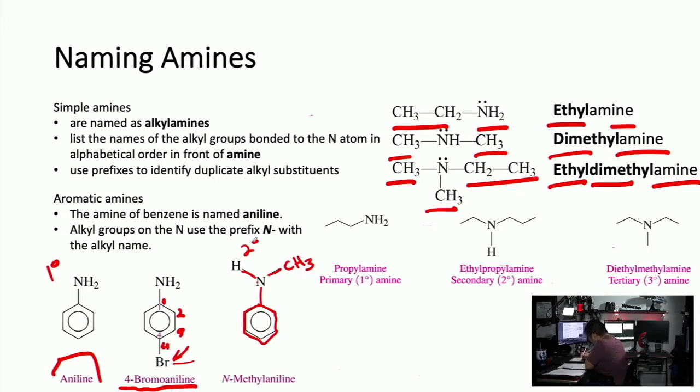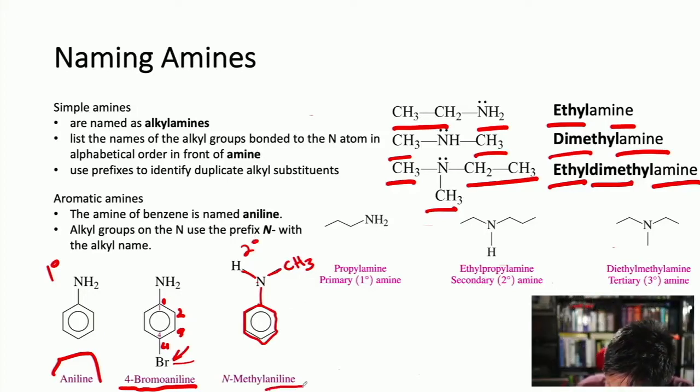And since we already know that it's part aniline, we can say it's an aniline. To denote that there's a methyl group connected to the nitrogen, we put an N there. So it's N-methylaniline. That's the only time it gets a little bit different, when there's a substituent group connected to the nitrogen of an amine.